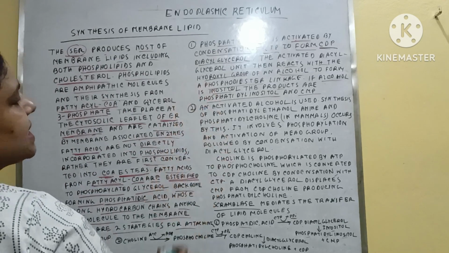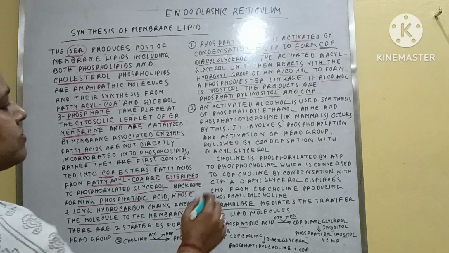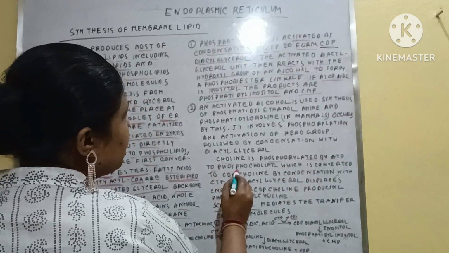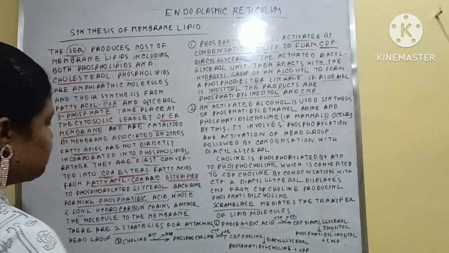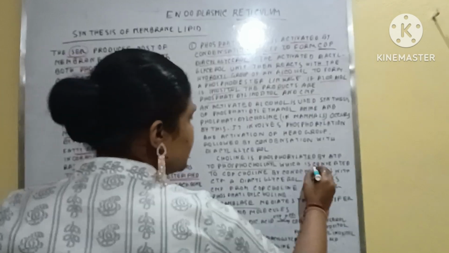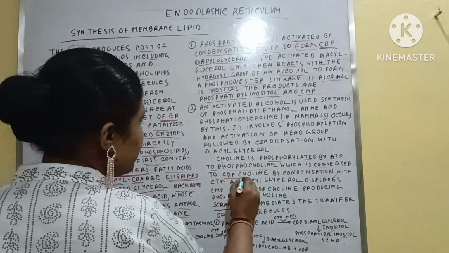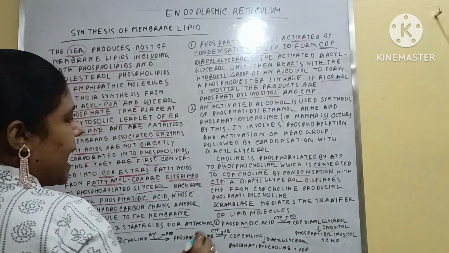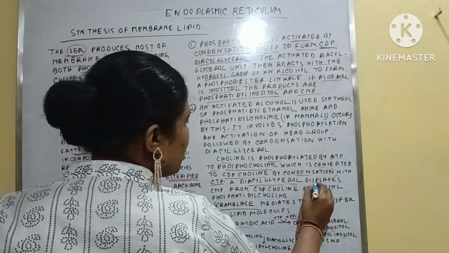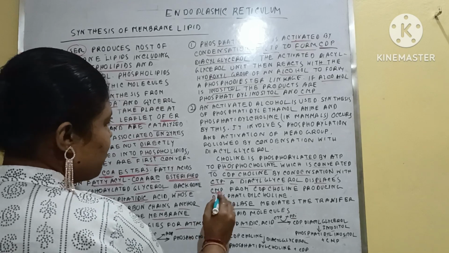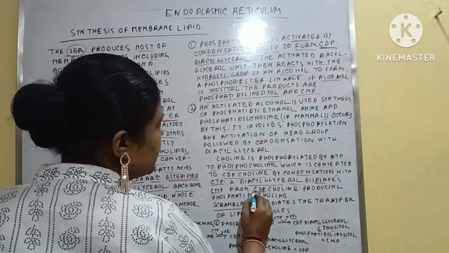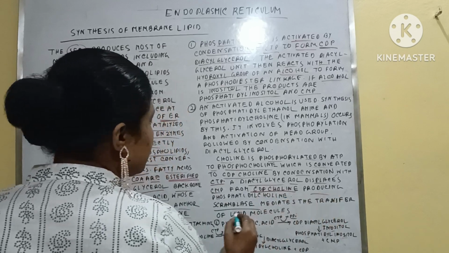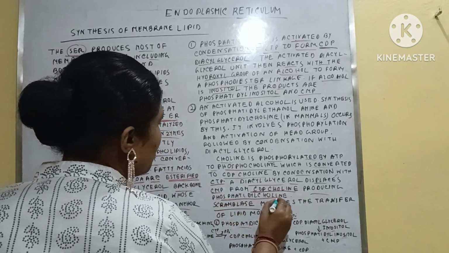In the second case, choline is phosphorylated by ATP to phosphocholine, which is converted to CDP-choline by condensation with CTP, and a diacylglycerol displaces CMP from CDP-choline, producing phosphatidylcholine.